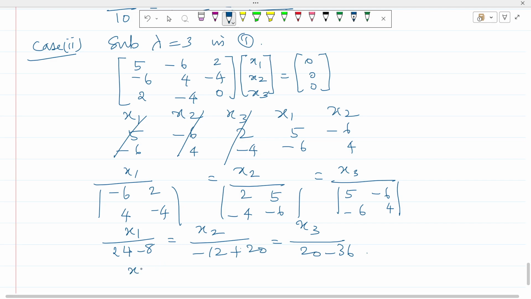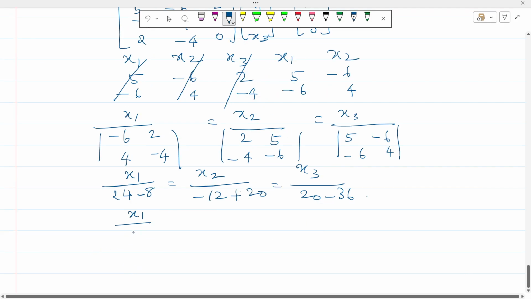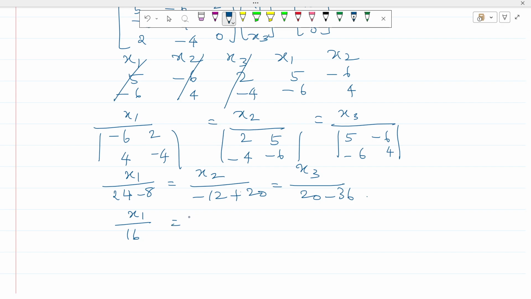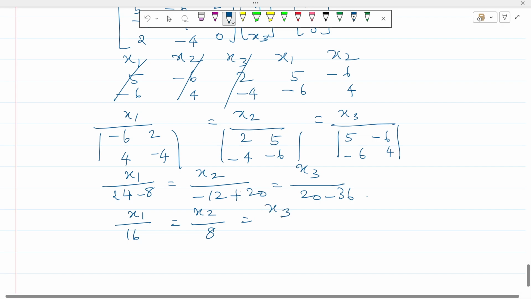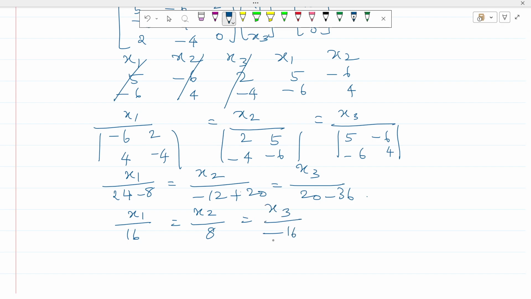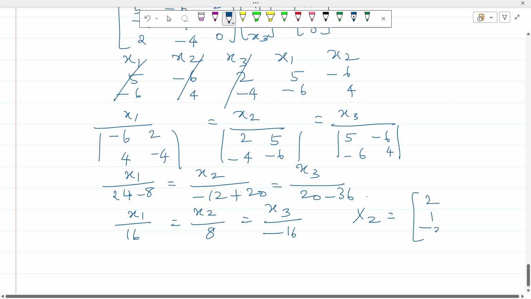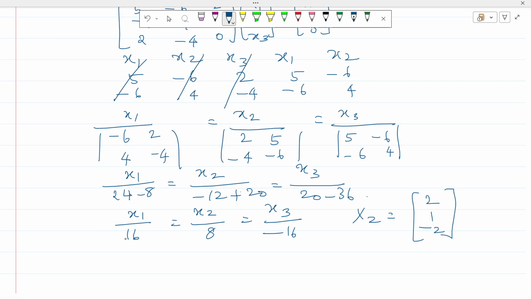So you will get x1 by 16, x2 by 8, x3 by minus 16. So the ratio is 2 : 1 : -2.